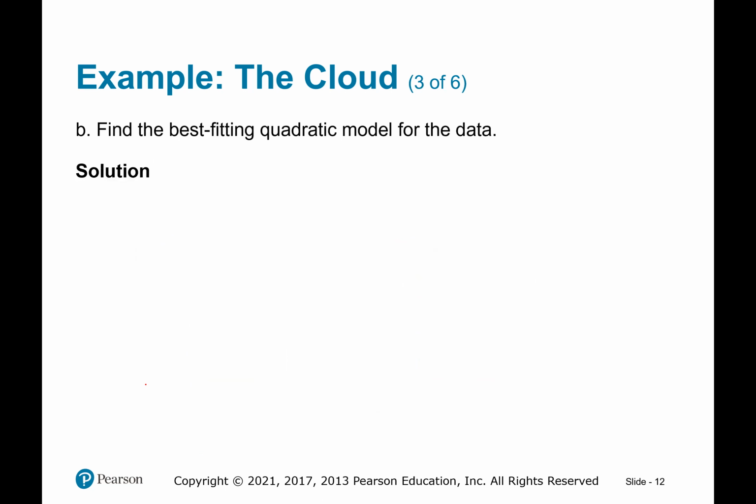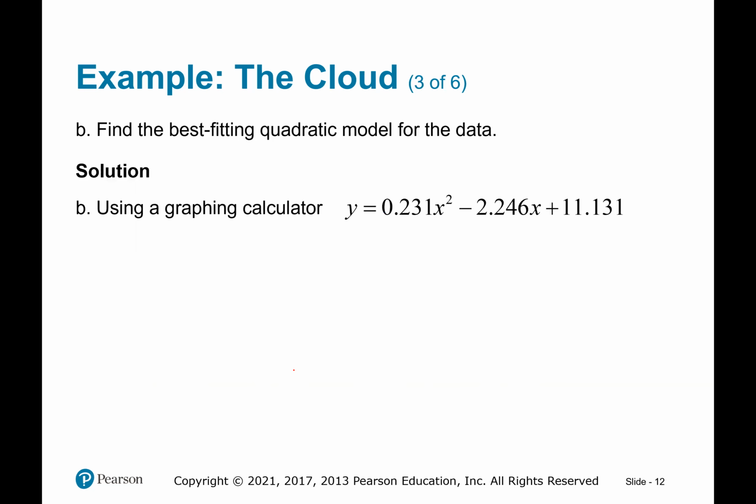It's good. Is that what we got? 0.231, check, negative 2.246, check, 11.131.